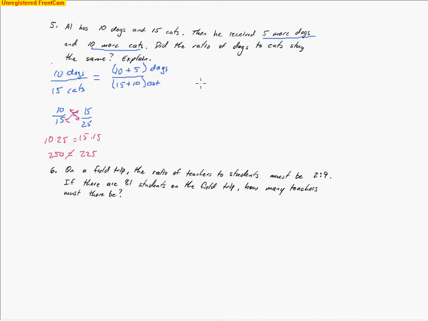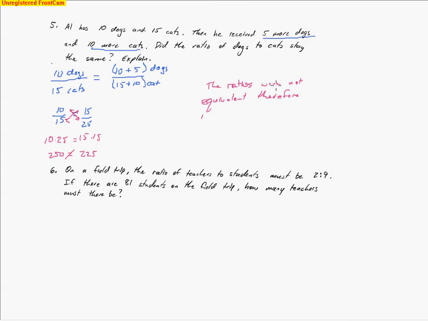So what we can say is the ratios were not equivalent. Therefore, the ratios of dogs to cats did not stay the same.